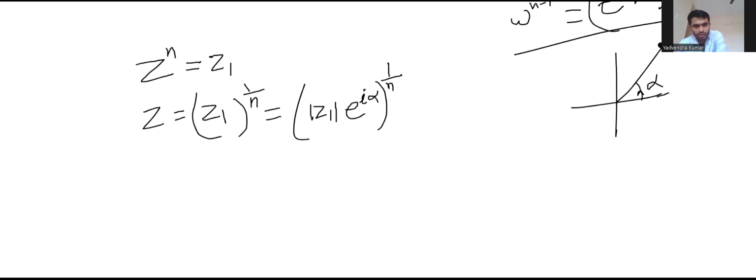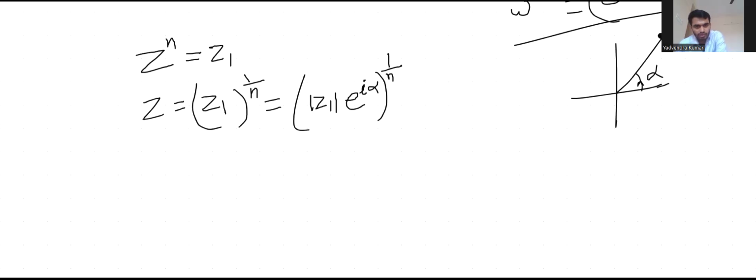Now, if you look at the rotation, this can also be written as modulus of z1 and e to the power iota (2k pi plus alpha). You will get the same number z1. So (2k pi plus alpha iota) whole to the power 1 by n.